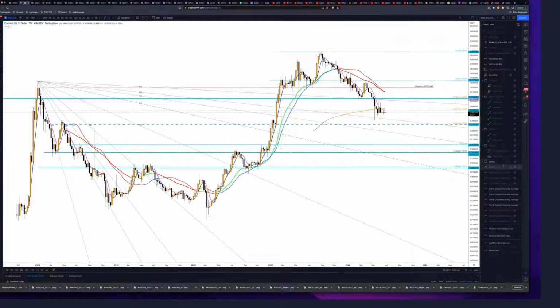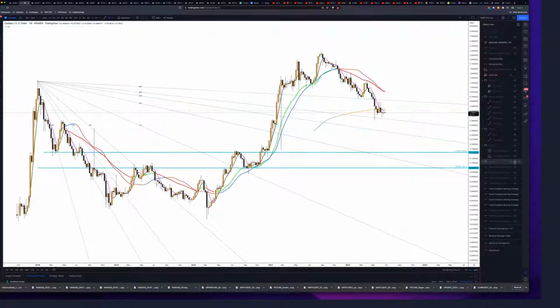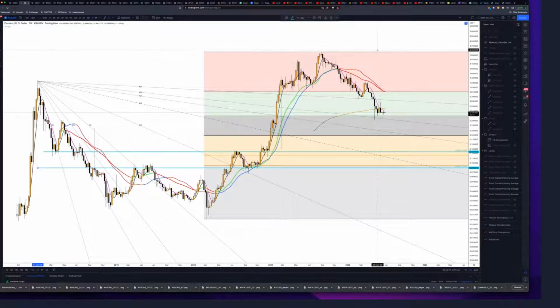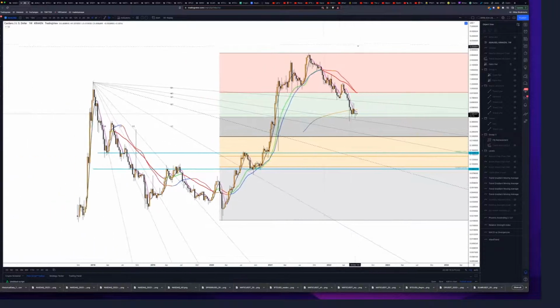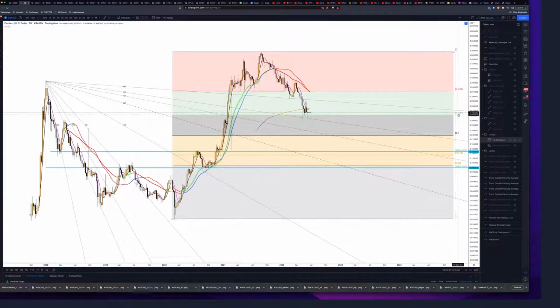Now I'm going to get rid of those just for the time being. And I'll just need to put those in that bucket as well. If we do our Fibonacci, top to bottom, you can also see the 0.382, and if I was to flip it the other way, it will be the 0.618, but the 0.382 is acting as support along with this Fib fan.